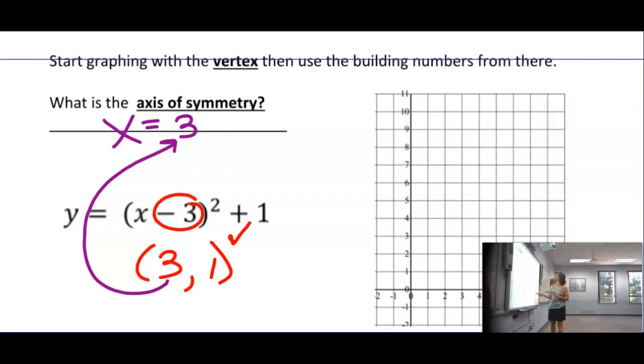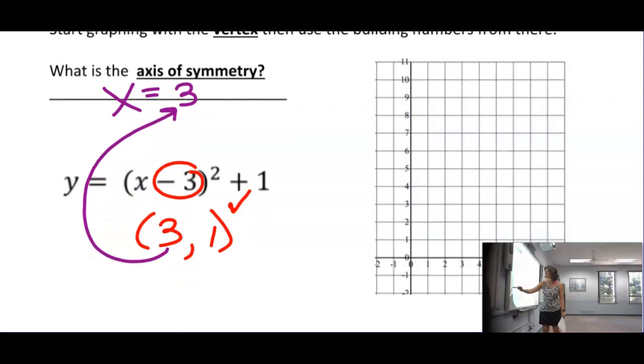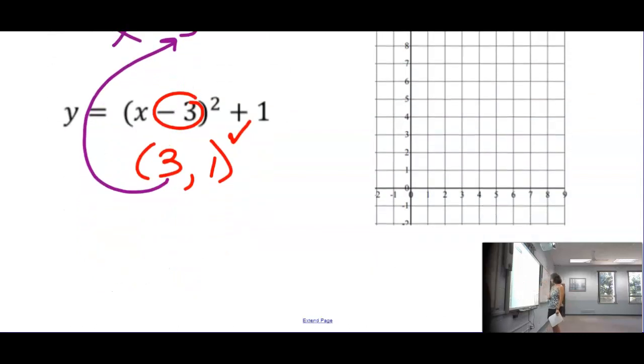So my vertex was 3, 1. So let me move myself. There we go. Okay, so I'm going to go from 0, 0. I'm going to go over 3 and up 1, and that's my axis. That's my vertex.